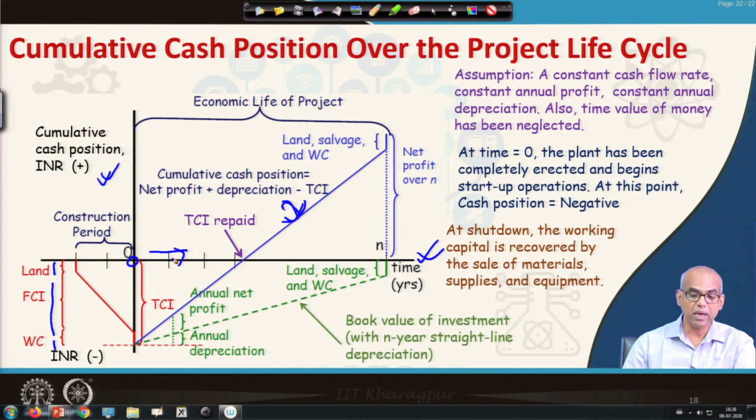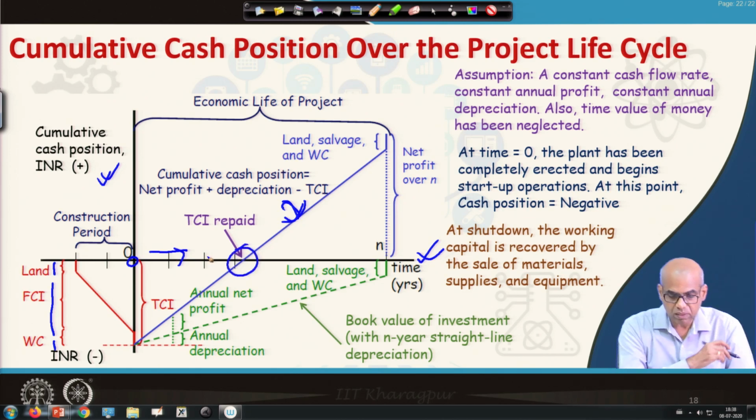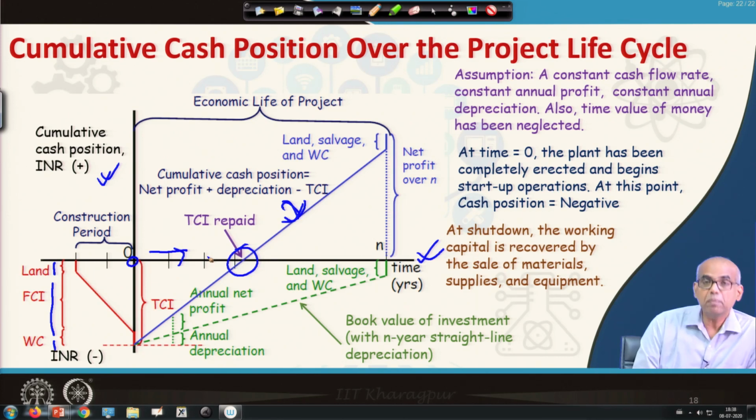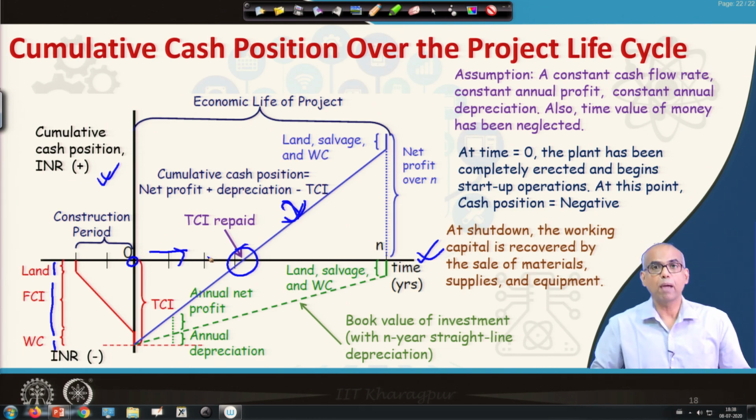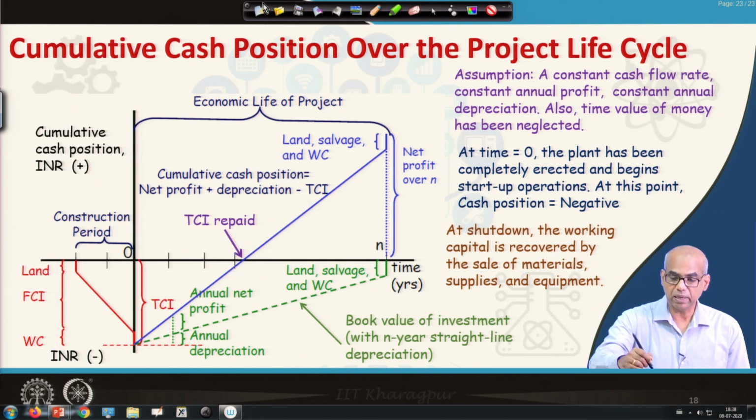So, you start repaying total capital investment. So, a time will come when the cumulative cash position line will cross the time axis. That means that at this point you have repaid the total capital investment. So, beyond that you start making profit.